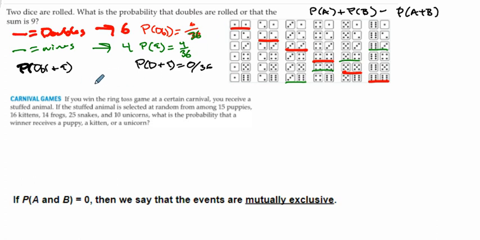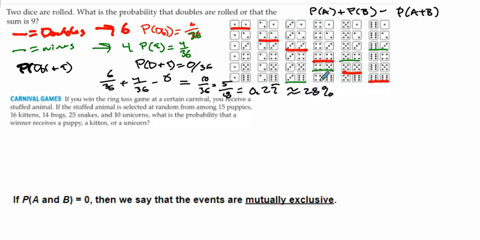So then when you plug into your formula here, you have 6 out of 36 plus 4 out of 36 minus 0. So you get 10/36, which is the same as 5/18, which is, if I turn on the calculator, 5 divided by 18 is 0.27 repeating, or approximately 28%.